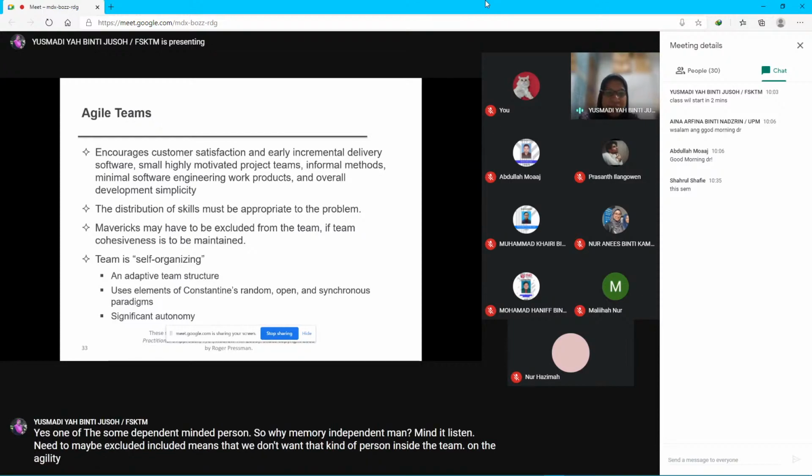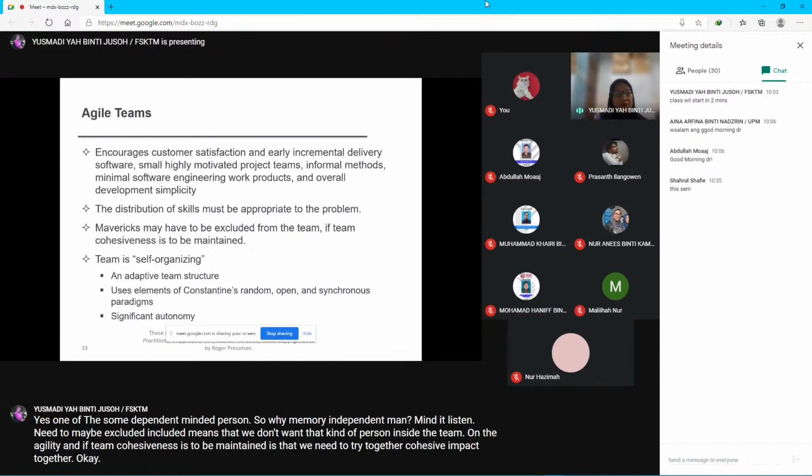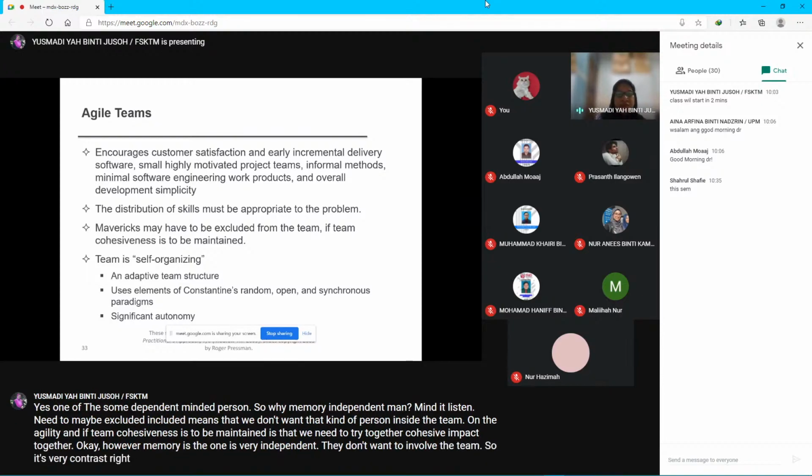If team cohesiveness is to be maintained, we need to tie together. Cohesive means tied together. However, a Maverick is very independent. They don't want to get involved in the team. So it's a very strong contrast, right? So in certain situations, we don't want that kind of person involved in the project.